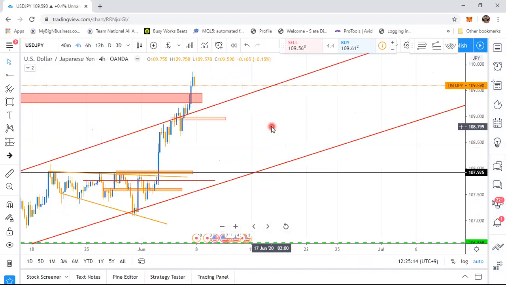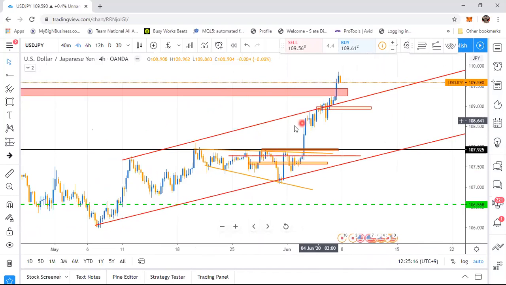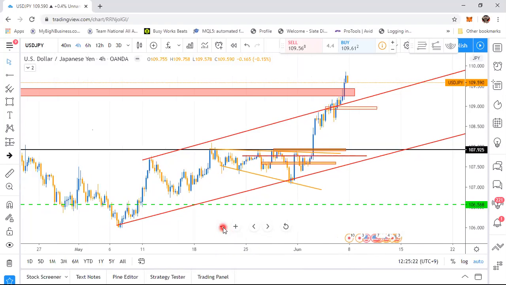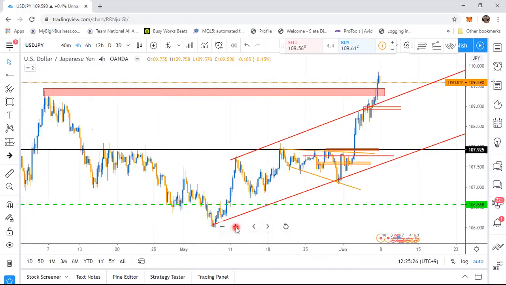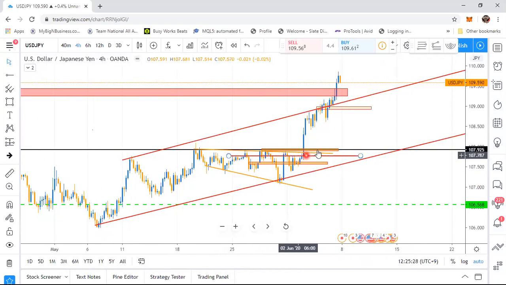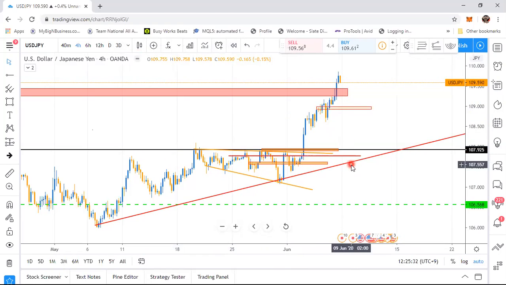And what happened? Yeah, last week we talked about dollar yen. I said I wanted to wait for price to make its move upwards from this zone down here before I got into the trade, right?